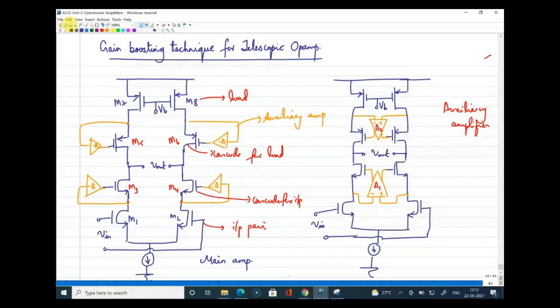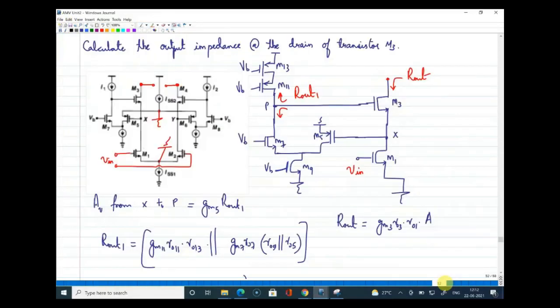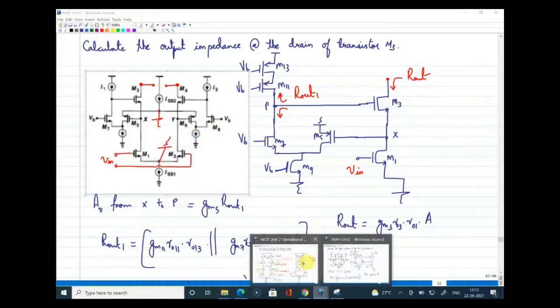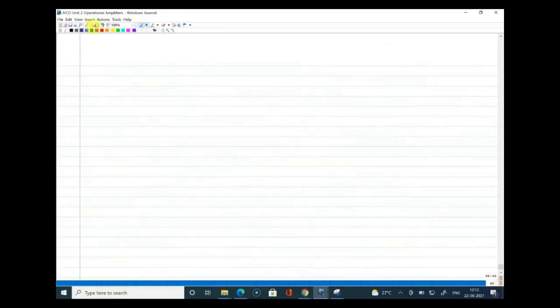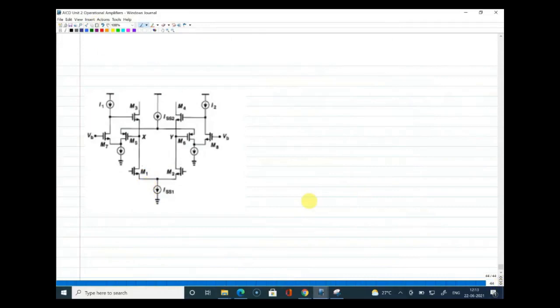All right. Now we'll quickly see one question. If you understand this question, that means you understood the previous amplifiers we discussed so far.